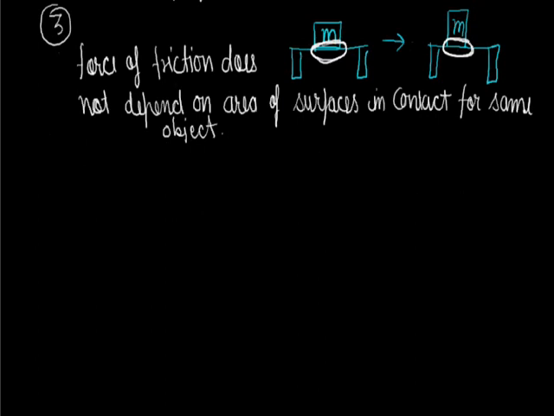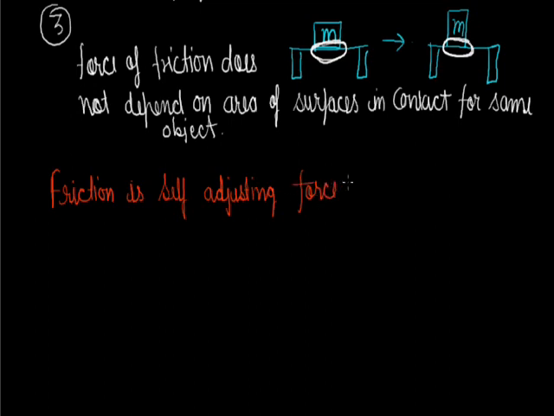Now the next is, friction is a self-adjusting force. Suppose here a wooden block lying on a horizontal surface having mass small m.